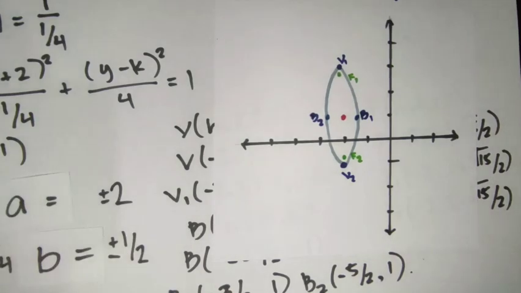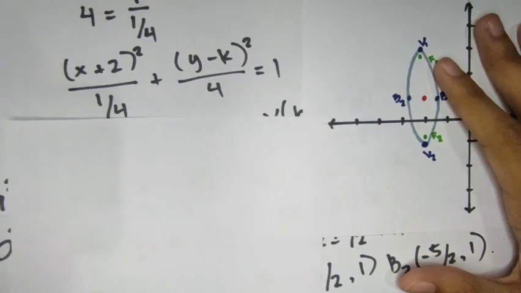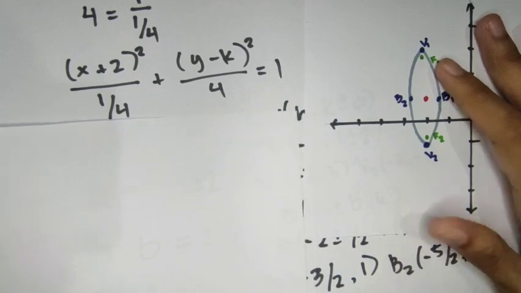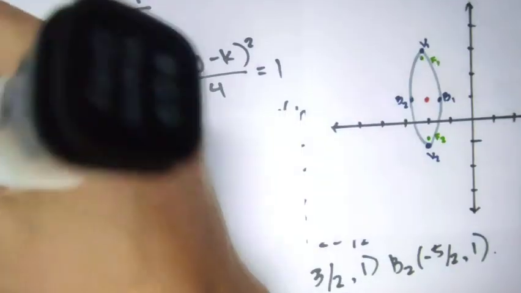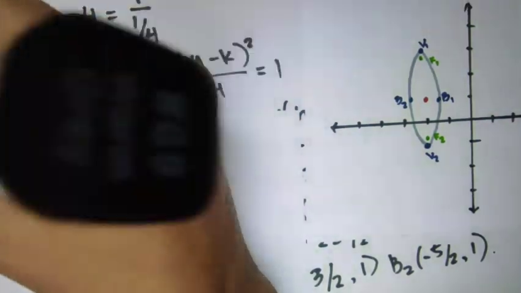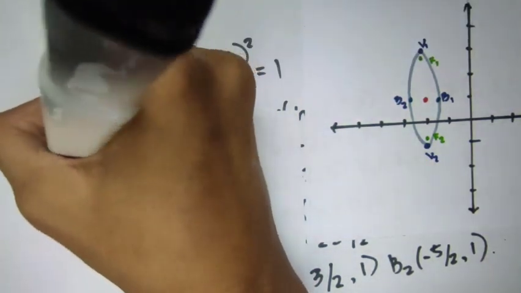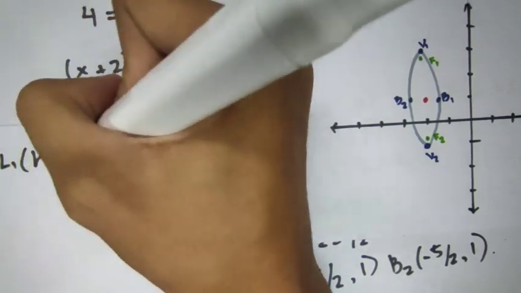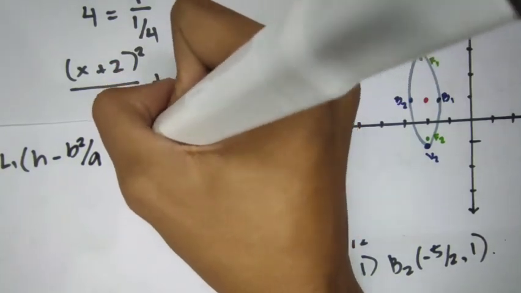Now that we have plotted these 7 points, we will find the lateral recta or the latus rectum, which can be solved by this. Just follow these steps. The endpoints of the latus rectum of the ellipse will be represented as h plus minus b squared over a, comma, k plus minus c.